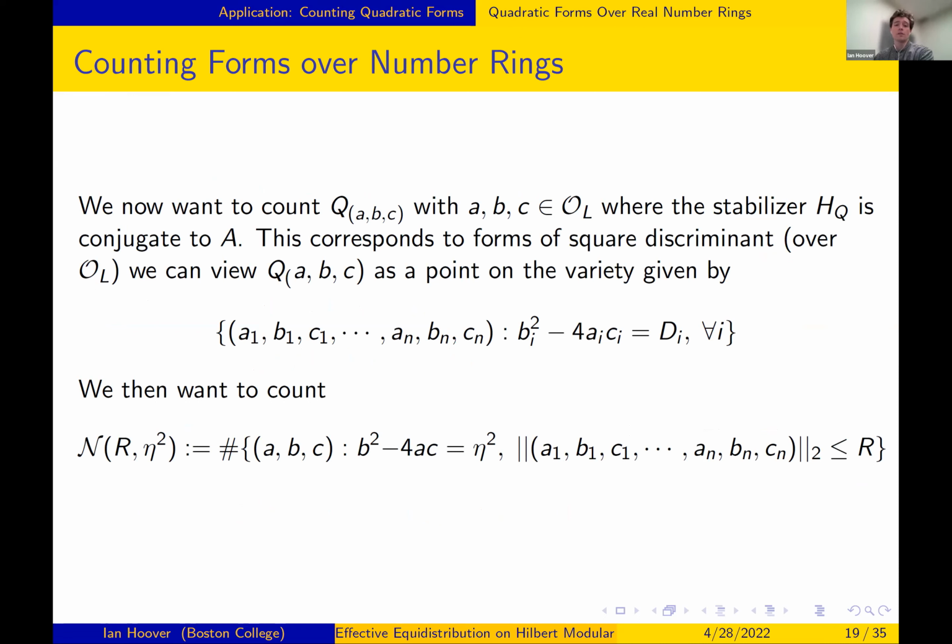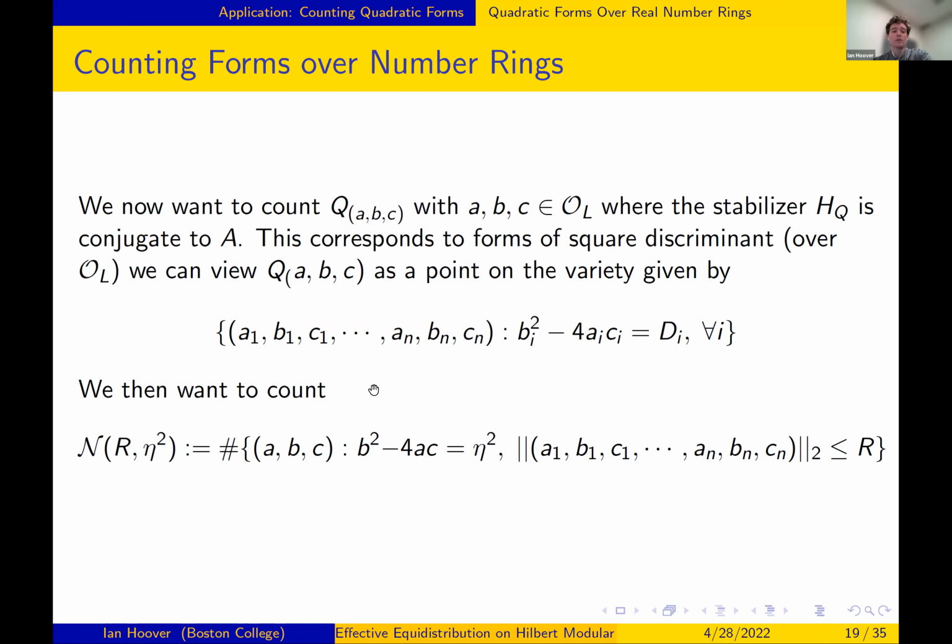If our coefficients now belong to a numbering, and we want our stabilizer to be conjugate to A, that corresponds again to forms with square discriminant. When we view it as a point on a variety, we would view it as a point in R to the 3n, and we look at each triple, and then we have the n possible discriminants corresponding to each possible embedding of this triple.